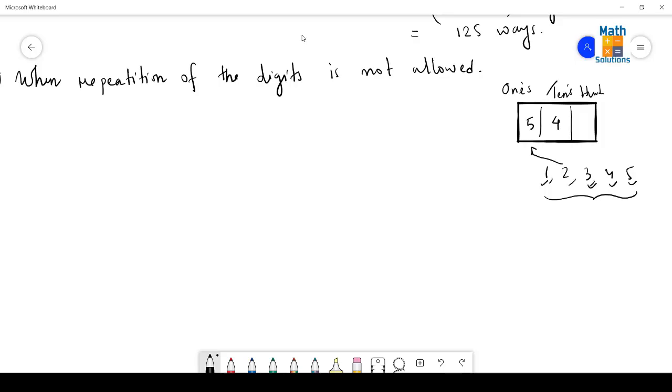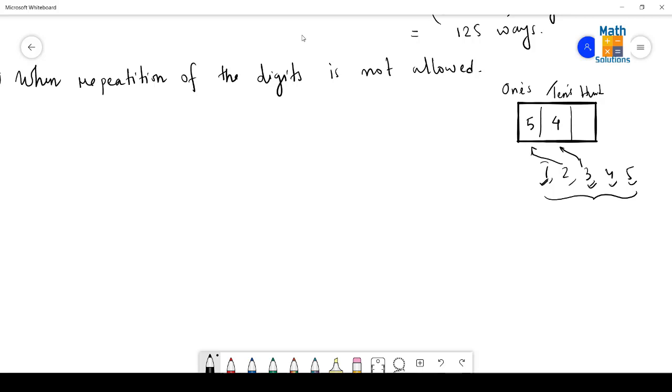Then whatever number I use in tens place, the same number I shall not be able to repeat for hundreds place. I mean to say the digits already filled in ones place and tens place cannot be repeated for hundreds place. Suppose 3 I have chosen for tens place.